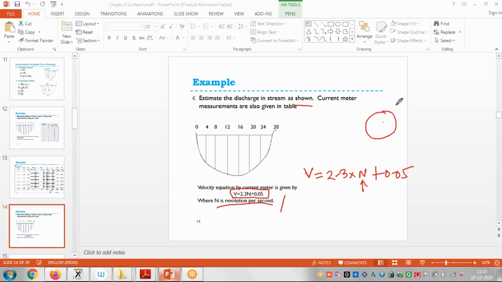So how many circles are completed? Suppose this is first, then second, then third. So in 1 second, how many rotations, how many numbers are rotated, in what time, meaning in seconds. Suppose this number is say 20 in, I say, 5 seconds, right? So we will put this value 20 here, and we can get the velocity.